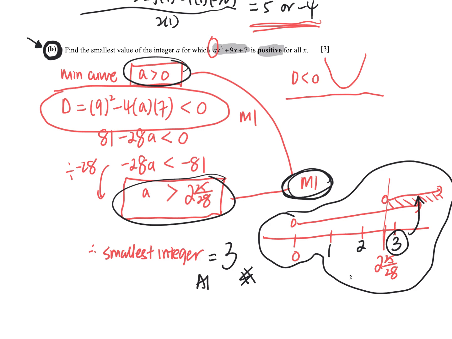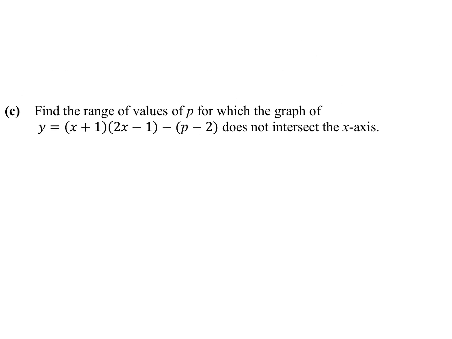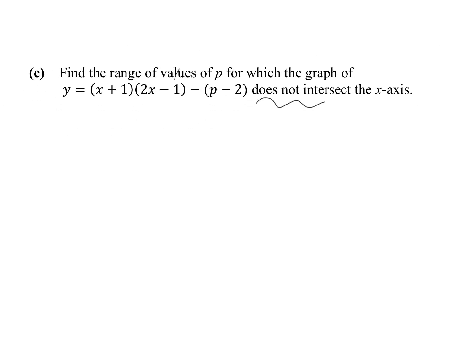Okay, C, they say do not intersect the x-axis, means no real roots. We are before you do copy. All done. Okay, so this one does not intersect the x-axis, means discriminant less than 0.